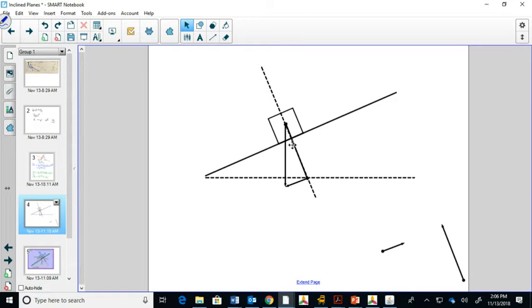Are you comfortable this angle right here is the same as this angle right here? This right here, I'll give you an actual marker here so you can see it. This angle here is the same as that angle there. Sir?